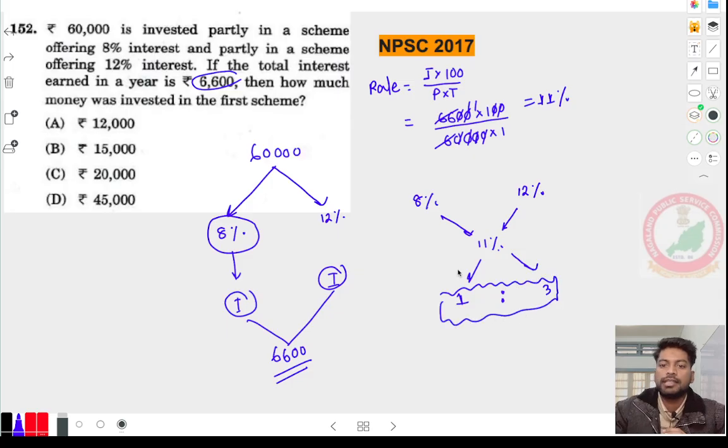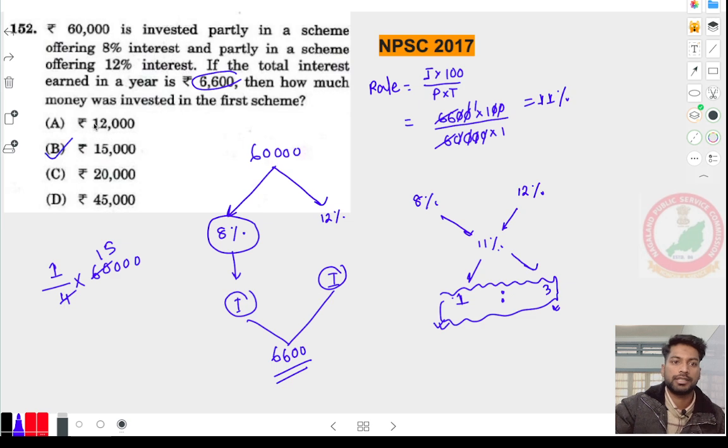In the first scheme you have invested 1 ratio out of 4 ratios, because 1 and 3 make 4. How much money was there? 60,000. So 1 by 4 of it is 15,000. The answer is 15,000. Okay, got it?